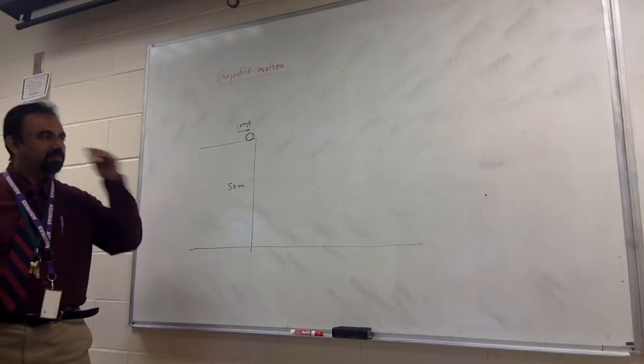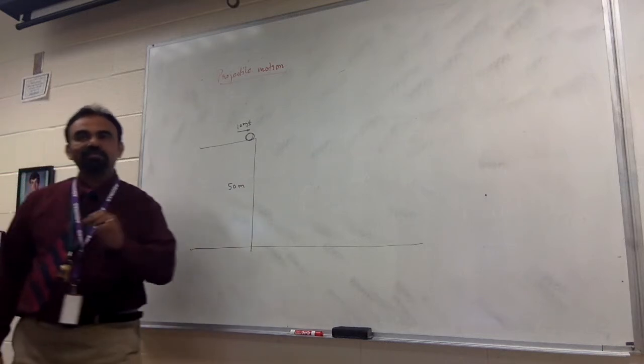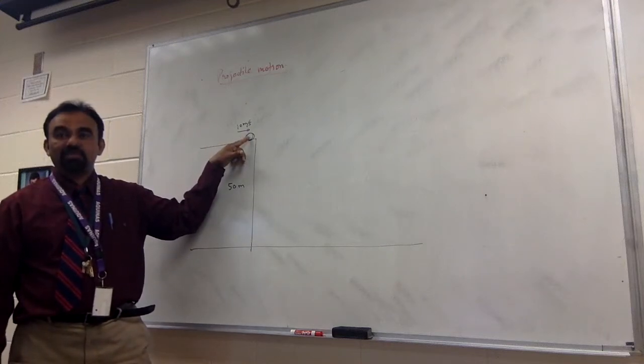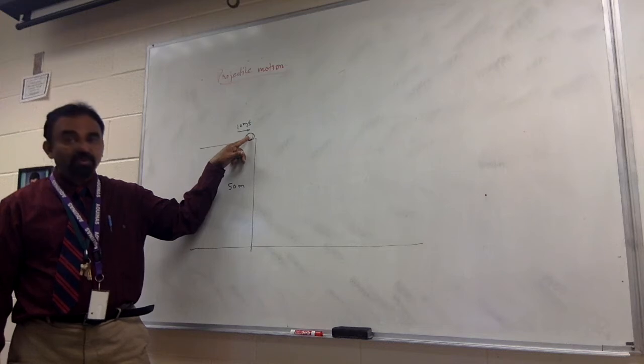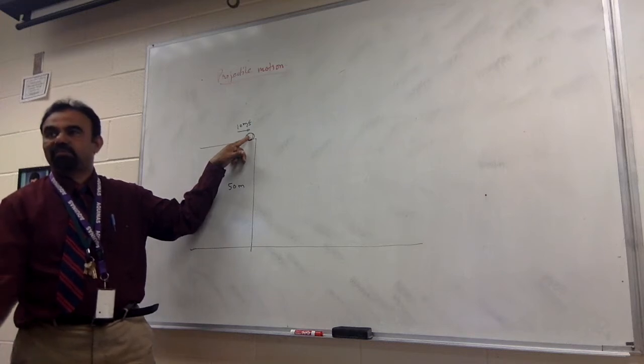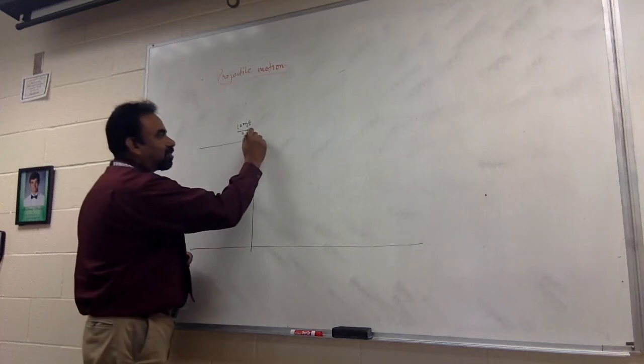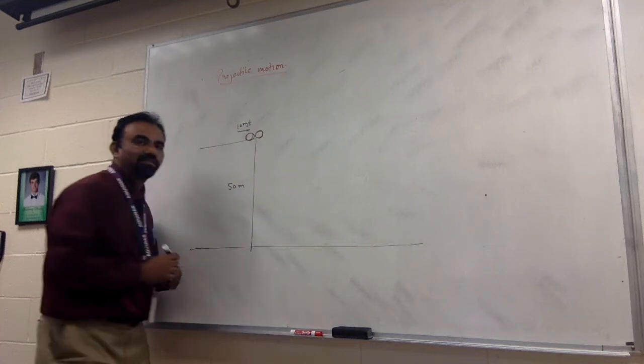So what happens to that bowling ball every moment? At this point, is it moving horizontally? Is it moving vertically? Not at all, because it's rolling on the ground. So it's not moving vertically, but it's moving horizontally, right? What happens as soon as it takes off from the floor?